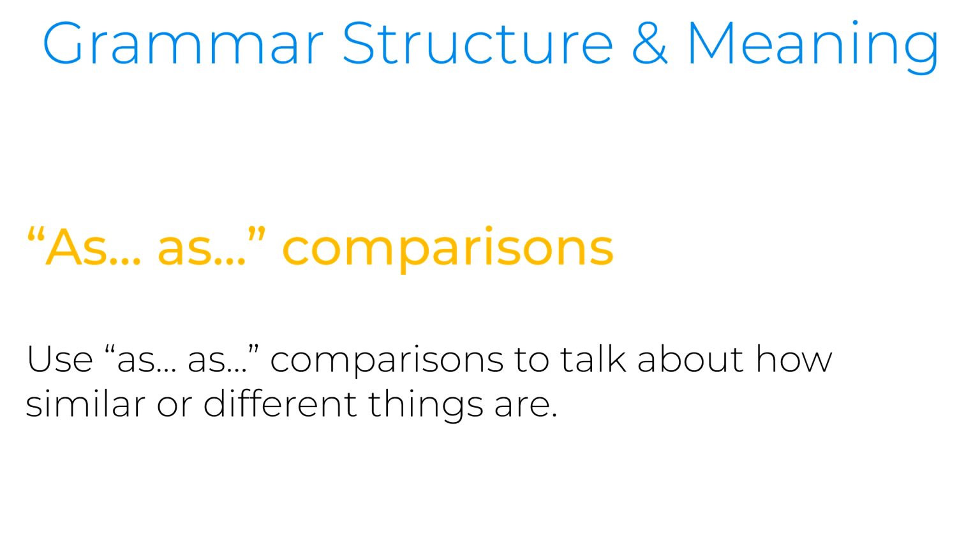As comparisons are really useful for showing the similarity or differences between two things. Now the two things can be anything you can think of. It could be food, could be a building, could be clothing, it could be anything at all.